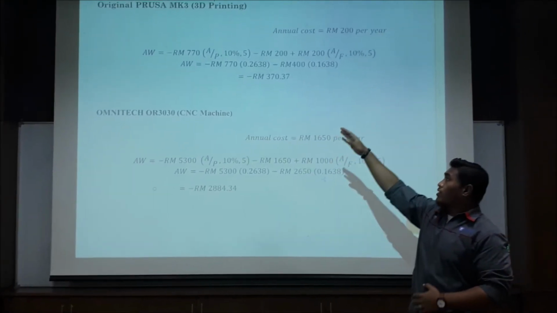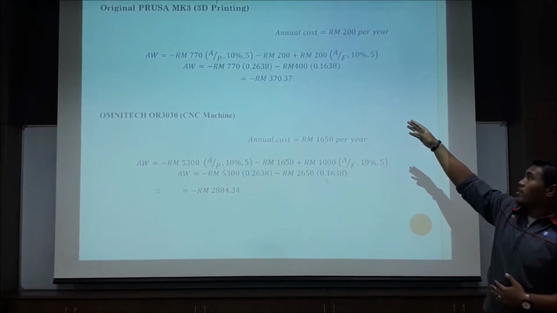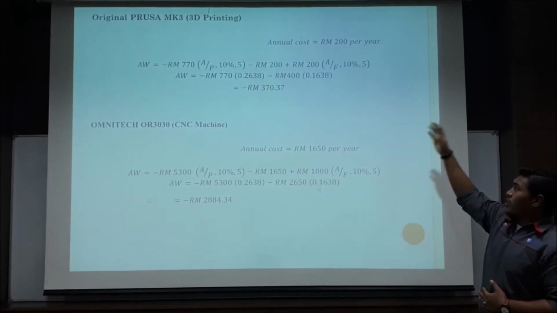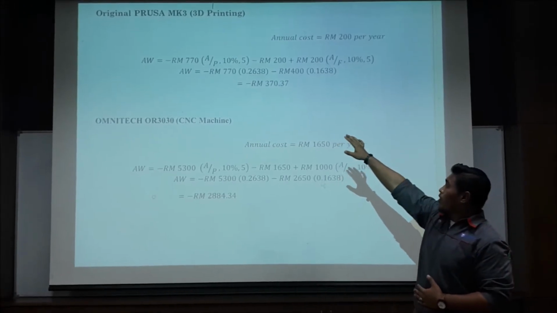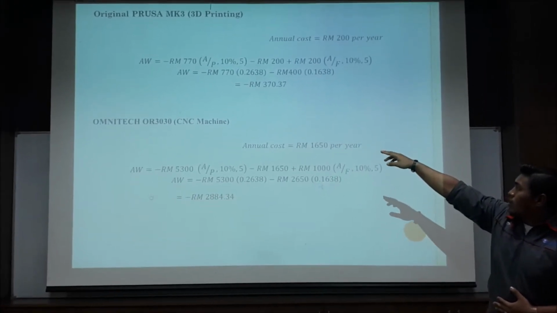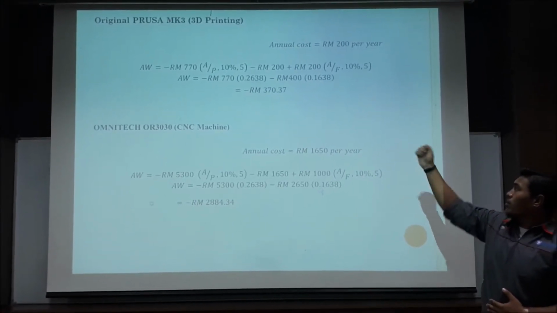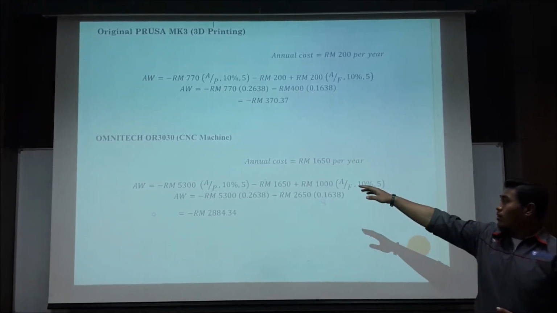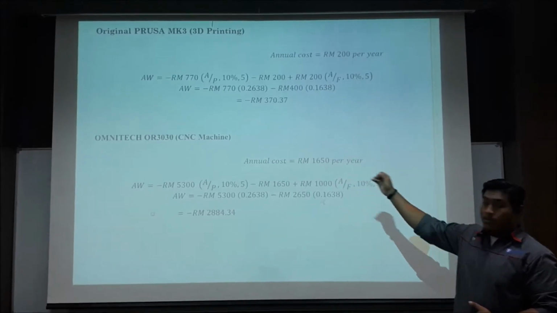The first one is the Original Prusa MK3 3D printer. The annual cost is about RM200 per year, and the AW is about -370.37. The second machine is the Omnitab OR300 CNC machine.